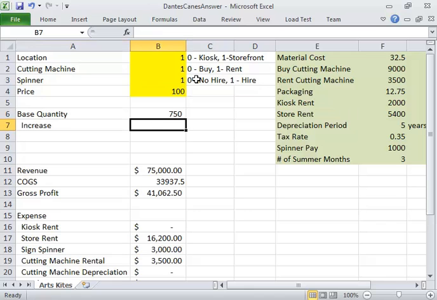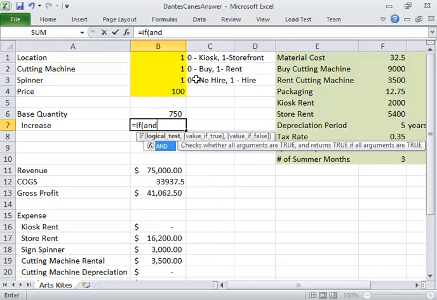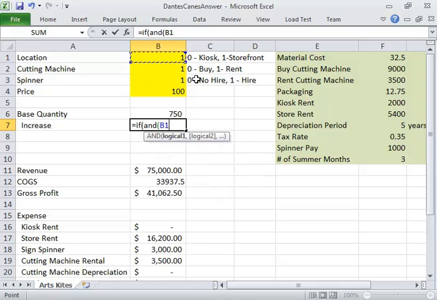And this only happens if the sign spinner is in front of the storefront. So equals IF AND B1 equals 1 and B3 equals 1. And if both of those things are true, then this should be equal to line B6 times 0.5. Otherwise, it should be equal to 0.